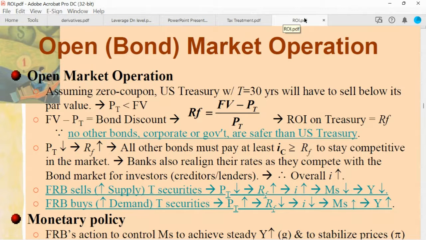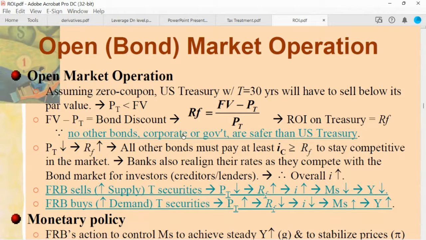The government with the highest tax revenue has the deepest pocket to pay off the debt, right? So nobody is safer than the U.S. federal government.